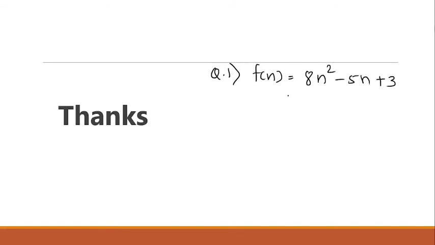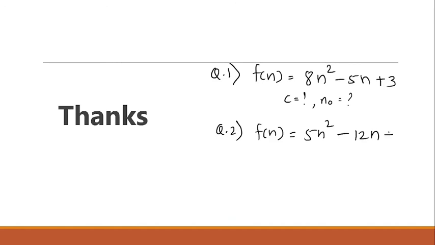You have to prove this as omega and tell me the value of c and the value of n0. Similarly, let us have a second question: f of n equal to 5n square minus 12n plus 8. Here also I would like to know the value of c and n0.